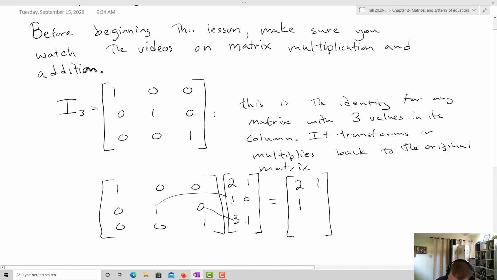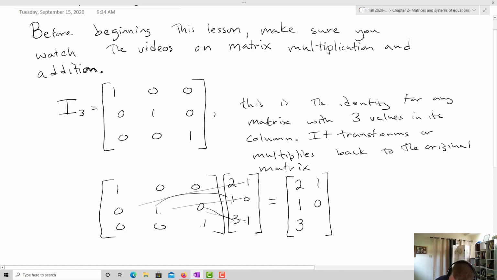So all I'm doing is multiplying here. Then 0 times 1 is 0, 1 times 0 is 0, 0 times 1 is 0, and that gives me 0. Then we'll have 0 times 2 is 0, 0 times 1 is 0, 1 times 3 is 3, so when we add those all together we get 3.